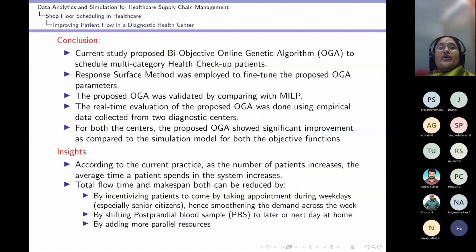Unless I'm able to show the trade-off that investing in a machine would result in serving more patients, it would not make sense for me to add more parallel resources. I need to do the economic analysis to take a decision on whether I should add more parallel resources.